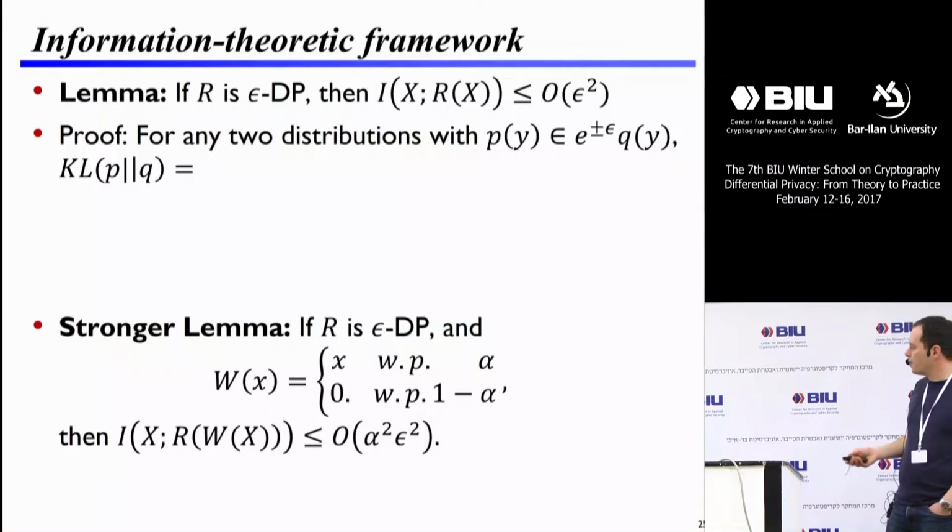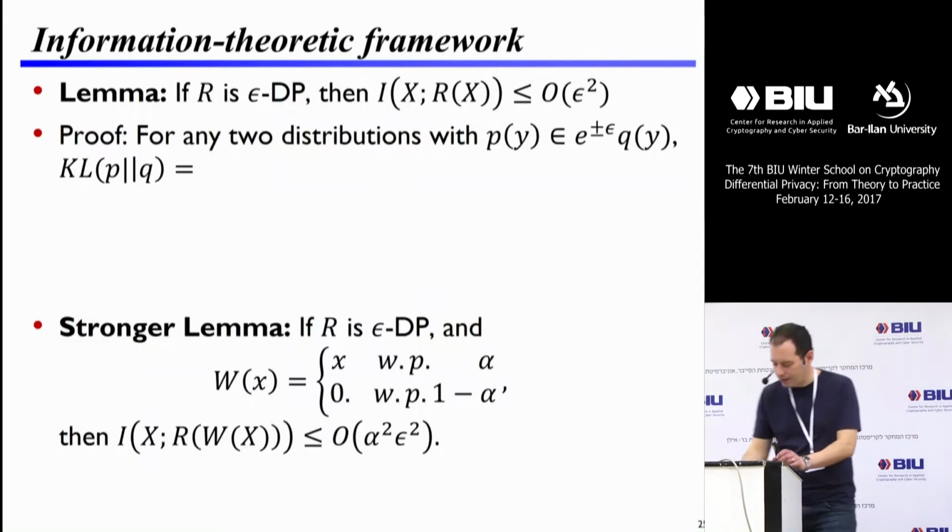But what we're really going to want is a slightly strengthened version of this lemma, which is that if I've got a randomizer that's epsilon differentially private and an additional process that takes an input and ignores it with probability 1 minus alpha and keeps it with probability alpha, then if I compose the randomizer with this additional erasure process, the mutual information goes down by a factor of alpha squared, where alpha is the probability of keeping the value x.